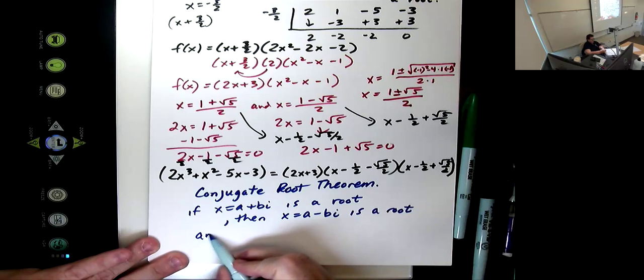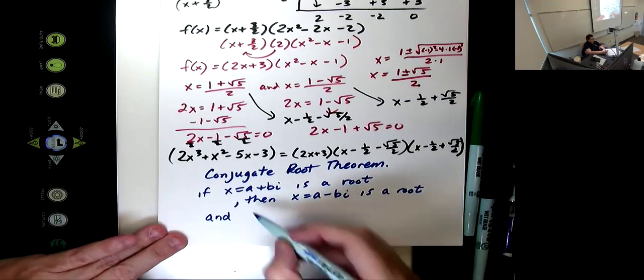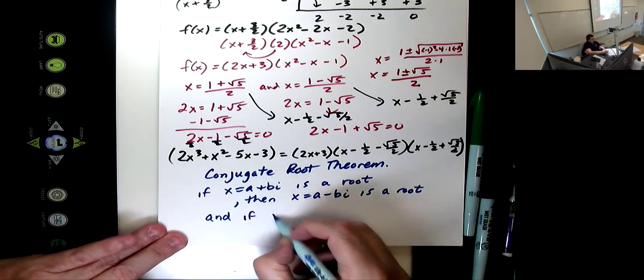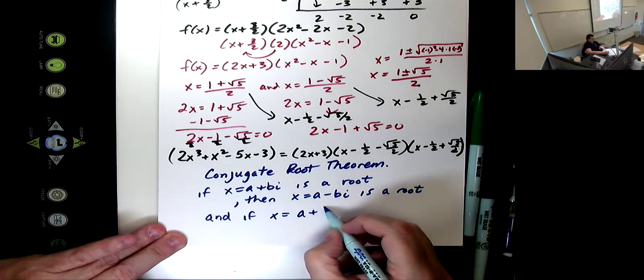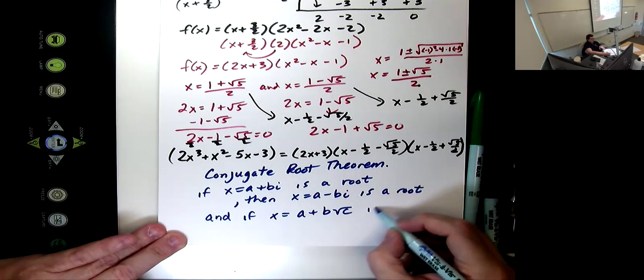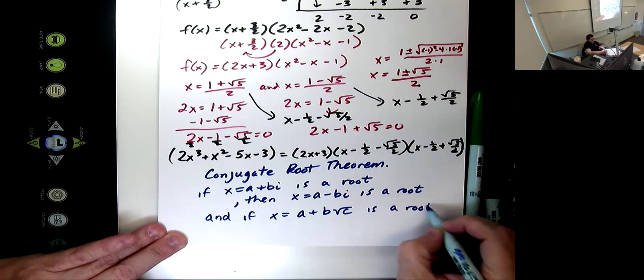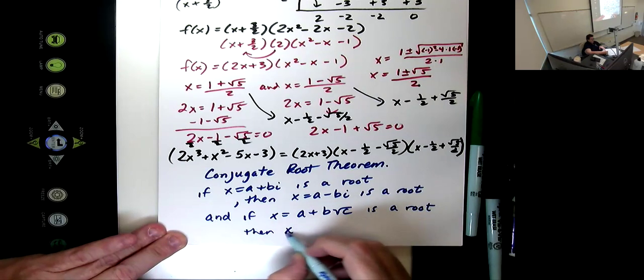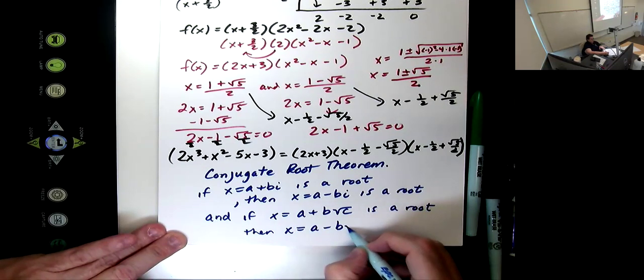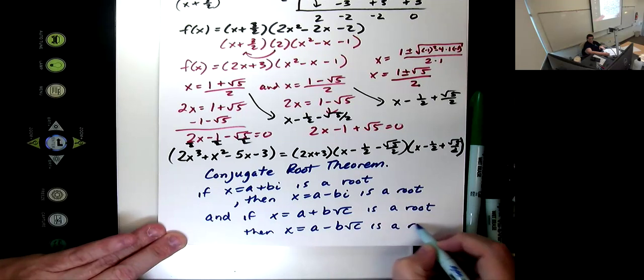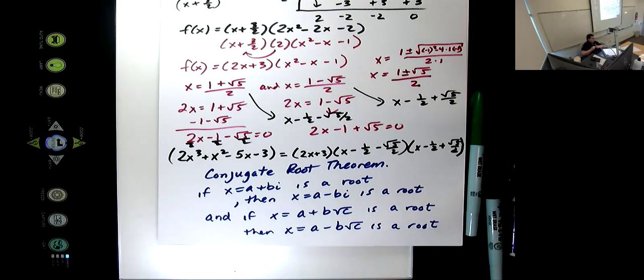And that really just stems from, if x equals a plus b root c is a root, then x equals a minus b root c is a root. When we were going over radicals, we talked about conjugates before.